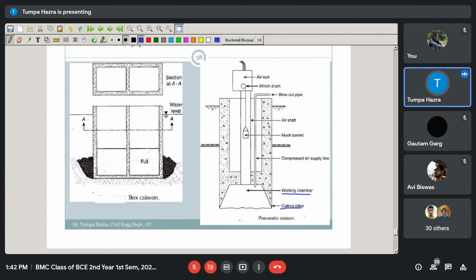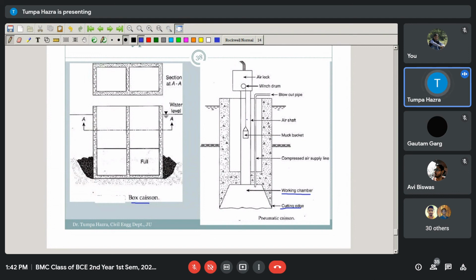So caisson foundations are of three types. One is the open caisson or well foundation. The second one is the box caisson, which means the bottom portion is plugged initially, and after placing it at the desired level, the top portion will be filled.